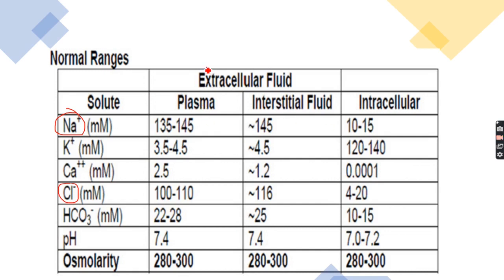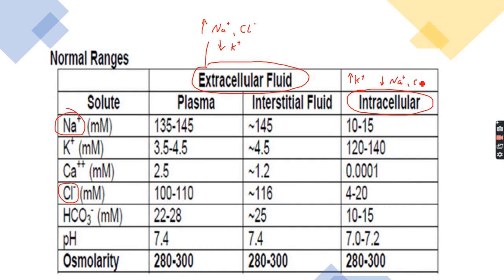Importantly, note that the extracellular fluid is high in sodium and chloride ions, but it is low in potassium ions. Whereas the intracellular fluid is the opposite. It is high in potassium ions and low in sodium and chloride ions.